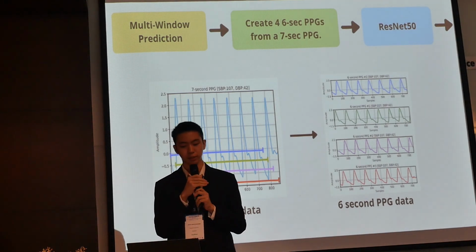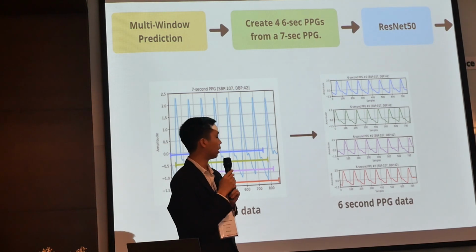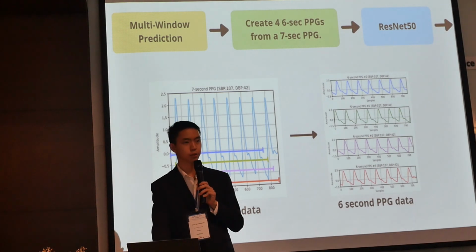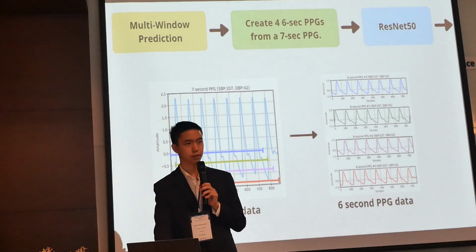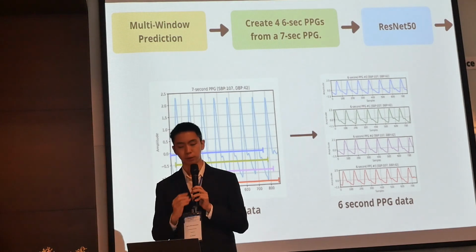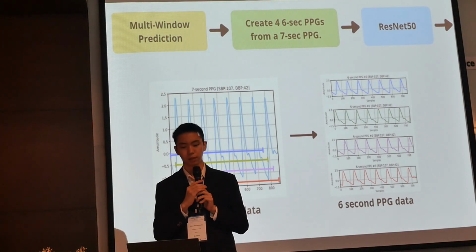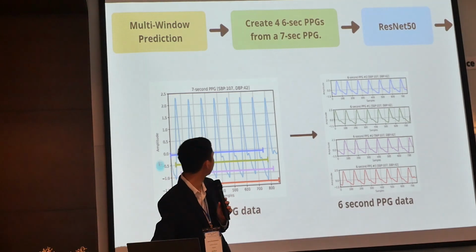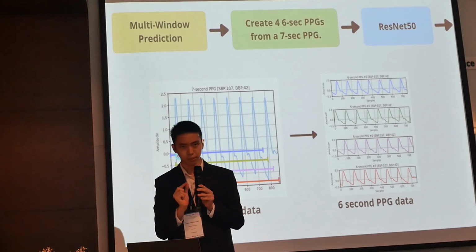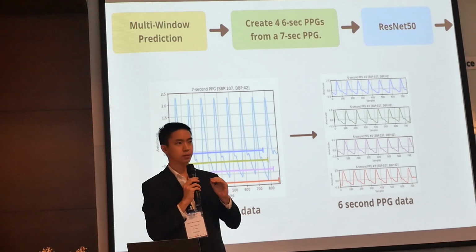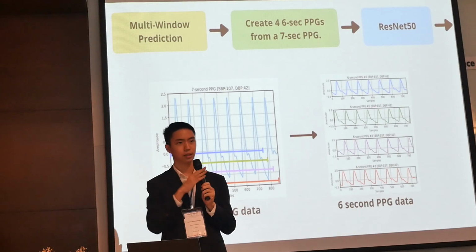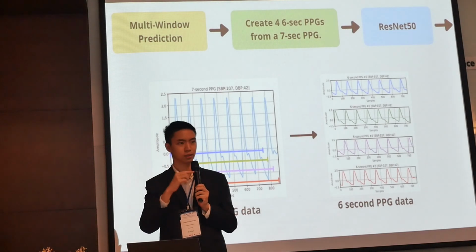The 6 seconds we chose because if it's less than that, there will not be much information for the ResNet-50 model to work with to predict the blood pressure. And the 4 is because if it's more than that, the shift here will be smaller, and it will be too close together. There won't be much difference between the first one and second one and third one.